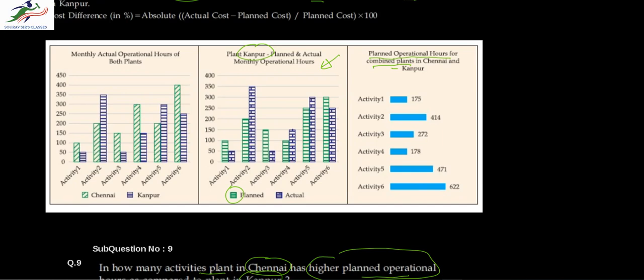So if I take the difference between the third column and the second graph, I will get the values for Chennai. So let's do that. So activity 1, 2, 3, 4, 5 and 6, and for Kanpur and Chennai, so we write the values of Kanpur first.